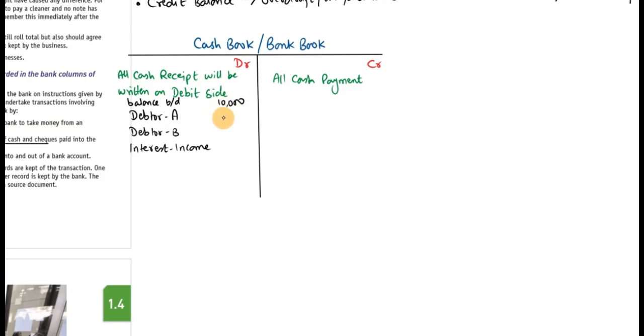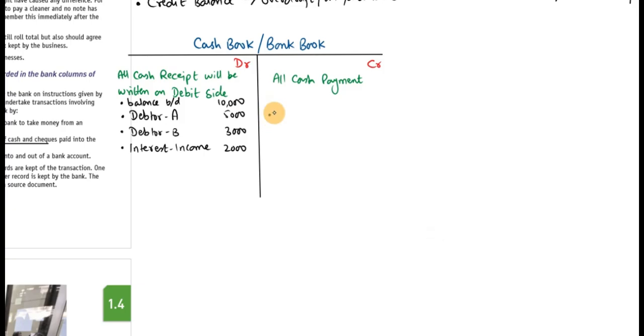We receive from a debtor 5,000, and here is 3,000, here is 2,000, and we gave payment to a creditor. Here is some adjustment related to the cash book.